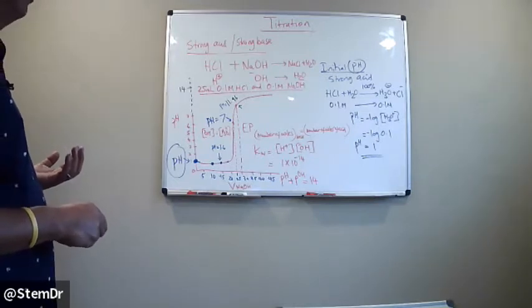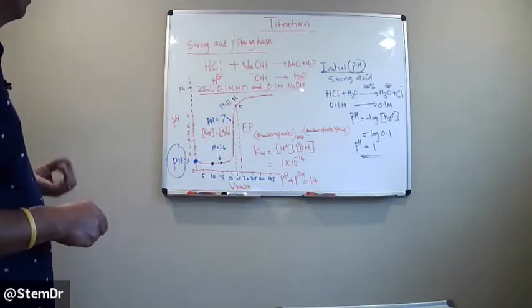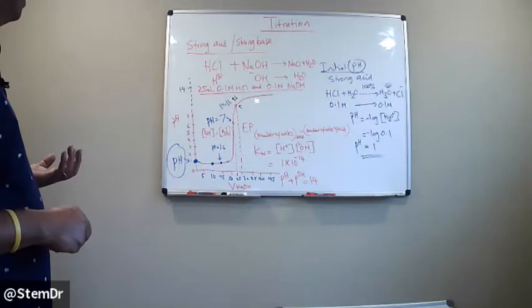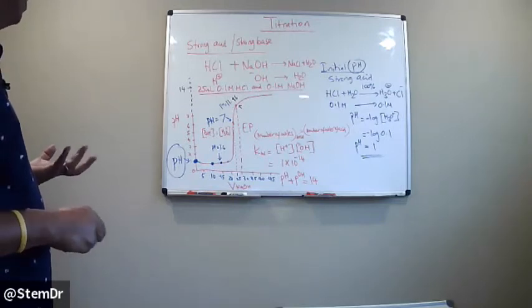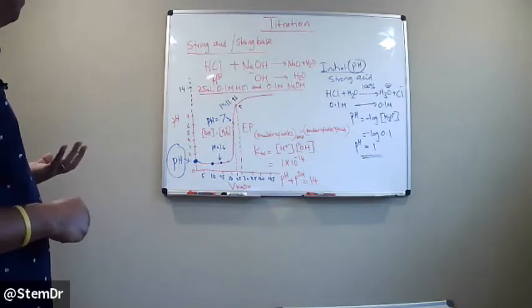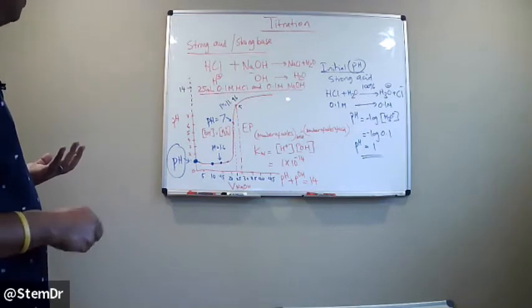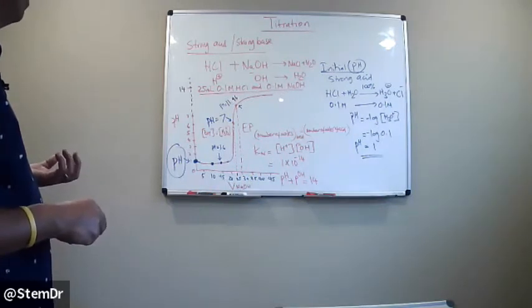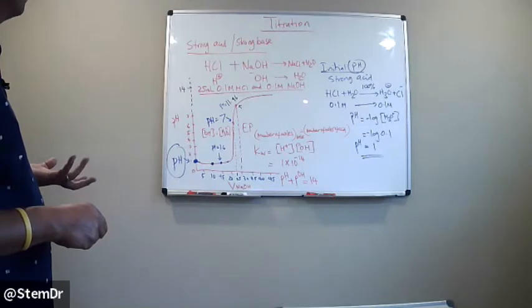What is 0.5 millimole in concentration? Now I need to get the volume. I have 25, but I added 30, that is 55 ml. So I would divide 0.5 by 55 to get the concentration.